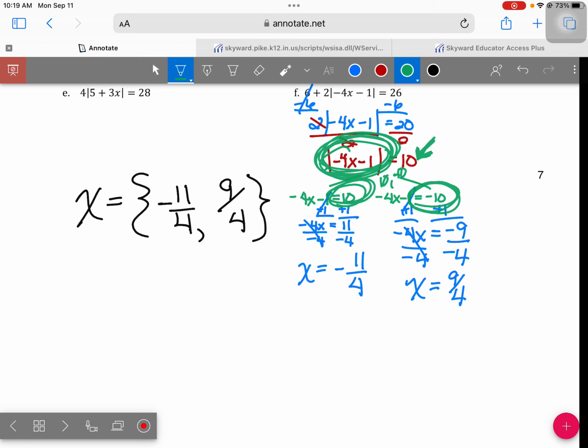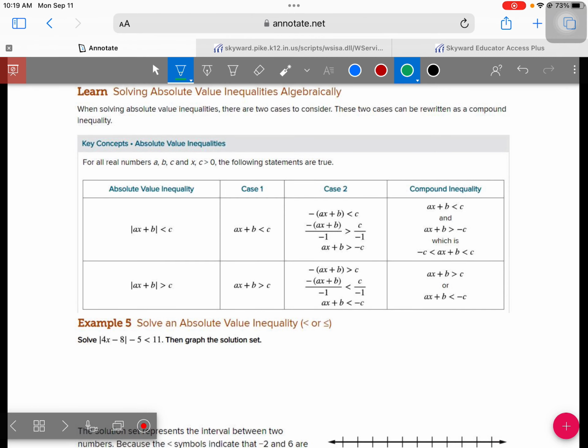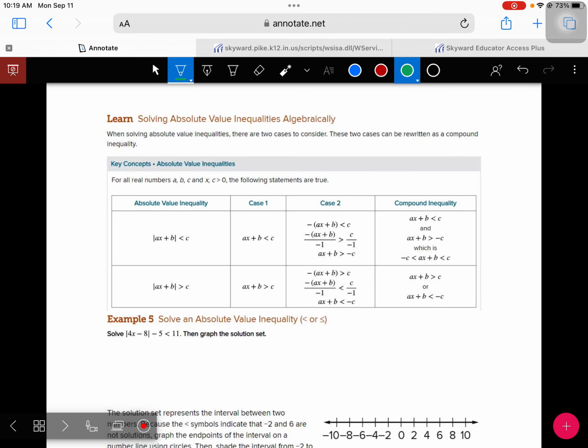So up here towards the top, I want you to put: when setting your absolute value equal, and I put equal in quotation marks because it's not really equal, when you are setting that equal to the negative value, you will flip the inequality sign.